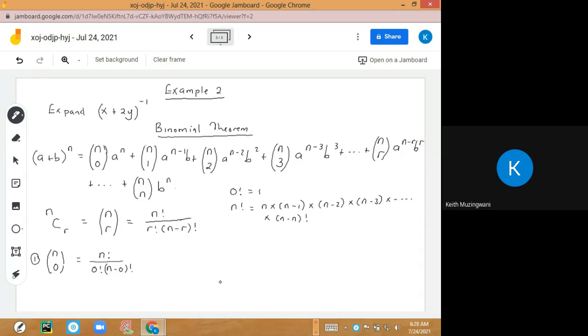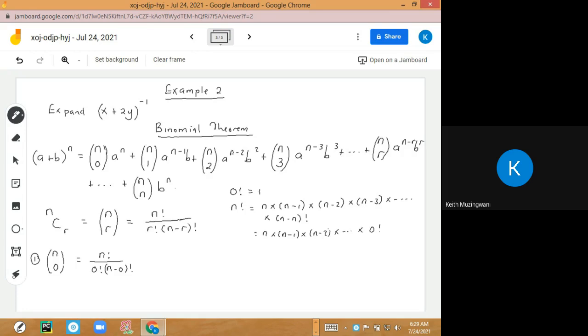But you understand that n minus n is just 0. So you keep going until you get to 0 factorial. If 0 factorial was defined as 0, this whole multiplication would be 0, and then you won't do anything. So it was restricted to be 1 so that it can make sense.